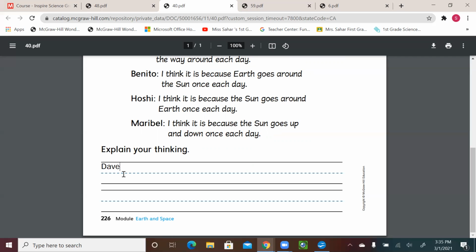Let's write this down. So we agree with Dave, and now we're explaining why. I say because it's day when the part of Earth where we're living faces the sun.